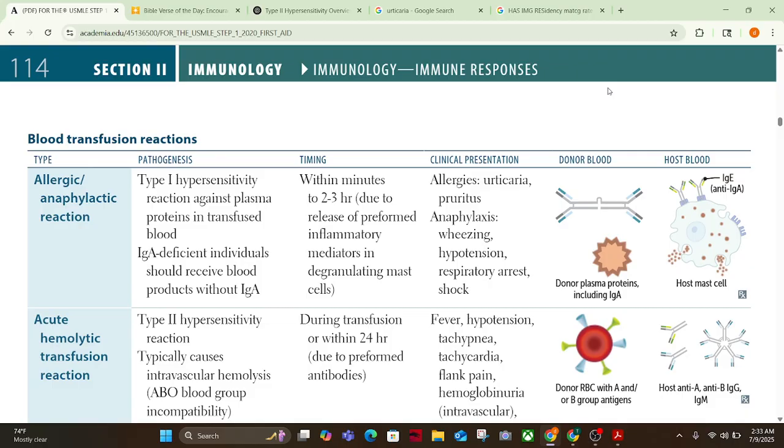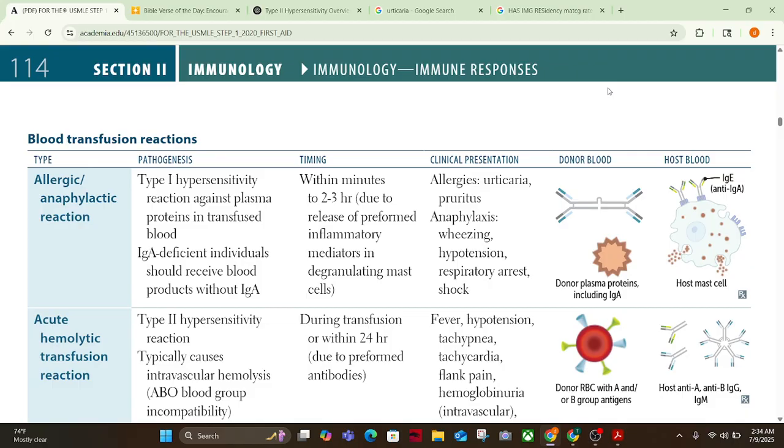These anti-IgA antibodies go onto the mast cell and cause the mast cell to degranulate. Now, normally in this allergic anaphylaxis reaction, the IgE count is normal, but there'll be a lot of anti-IgA antibodies.